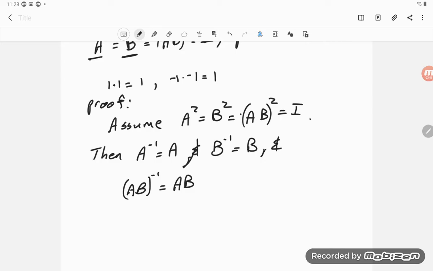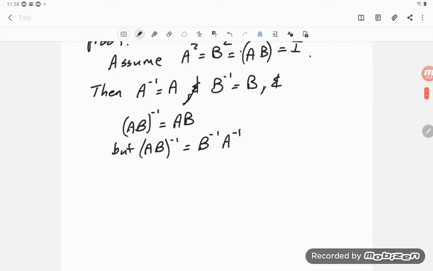And on the other hand, AB inverse, we know if A and B are non-singular, then we have a theorem that says that's its inverse. So if that's the case, then AB is equal to B inverse A inverse.